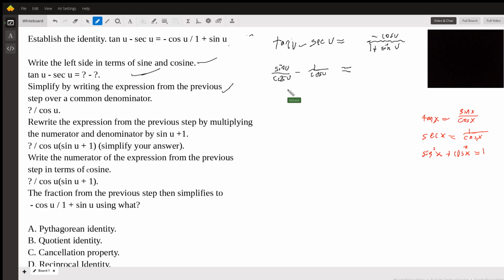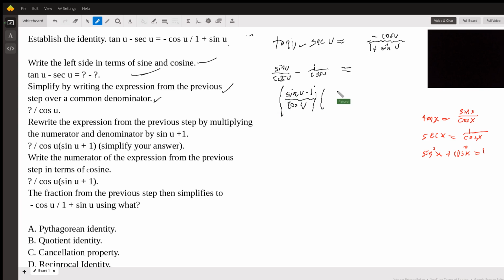And because it's a common denominator, we can write this as the sine of u minus 1 all over cosine of u, like that. Rewrite the expression by multiplying top and bottom by the sine of u plus 1. In school, the teacher would say multiply this by the conjugate.